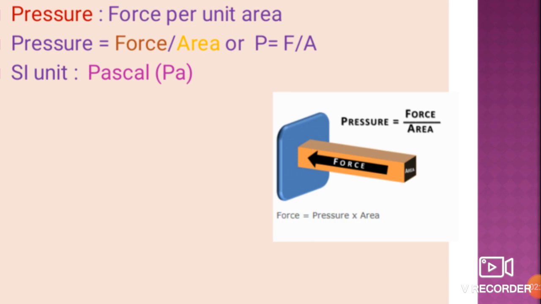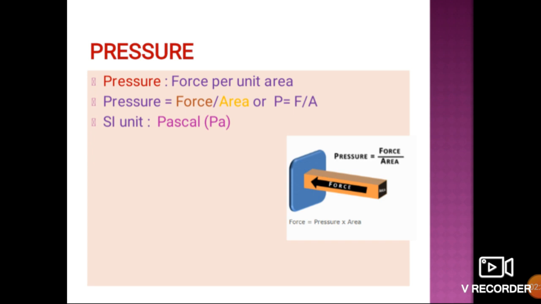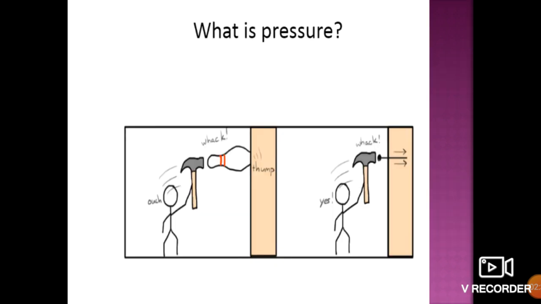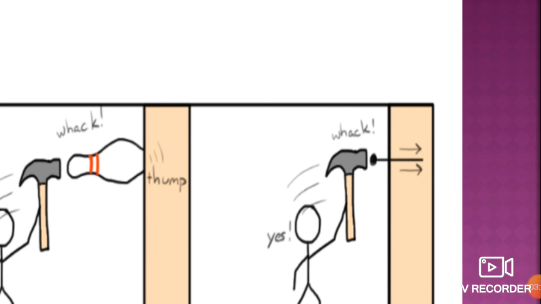Pressure is denoted by capital P, force is denoted by capital F, and area is denoted by capital A. See the picture where a boy applies a force with the help of a hammer on a nail. The force is exerted on the topmost surface of the nail.